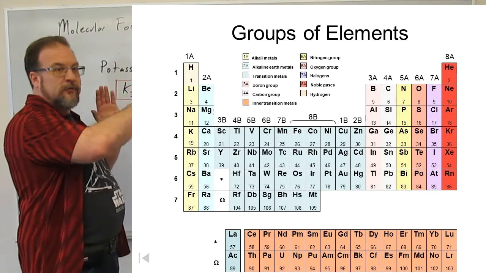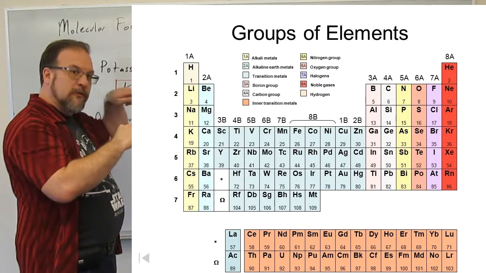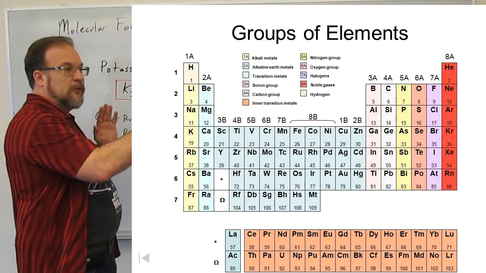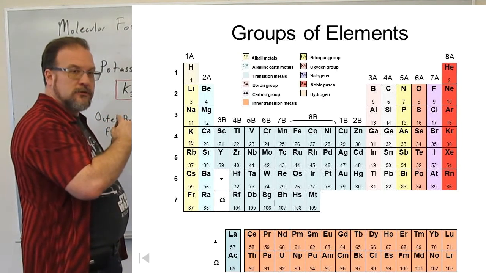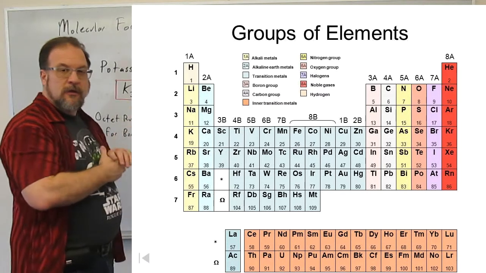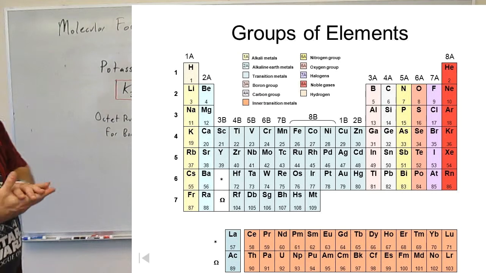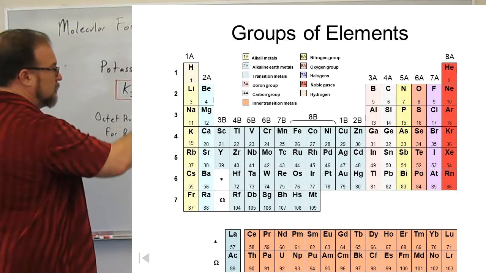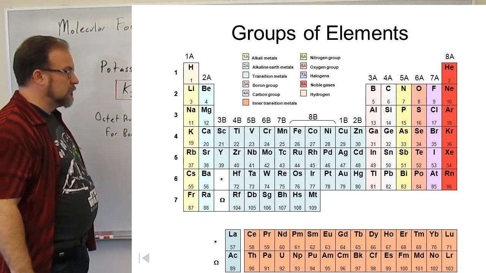When you go from left to right, you're going across groups, but you're in the same period. So when you go from left to right from nitrogen, the next noble gas that you'll find is neon. So nitrogen wants to have the outer valence electron configuration of neon.